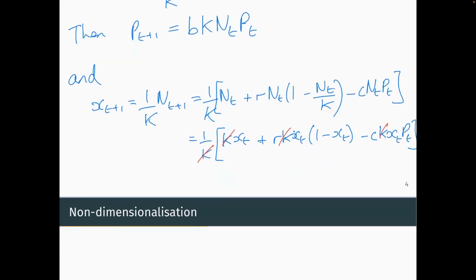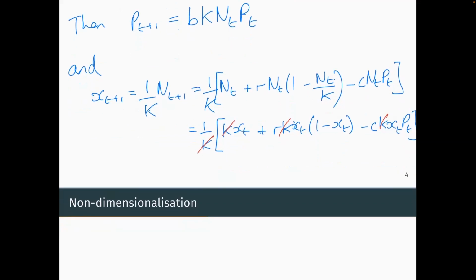So that's all quite nice. And then if we were to expand out this bracket, we've got x t plus r minus r x t. I made a mistake here somewhere.